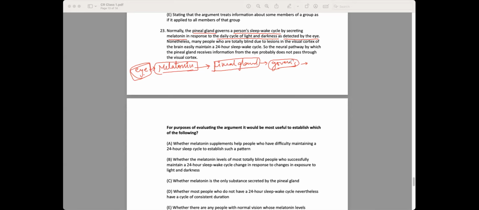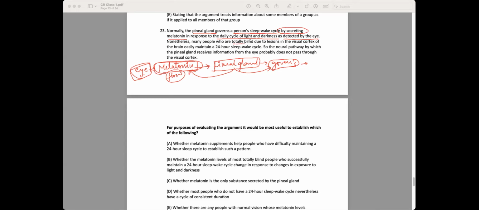That's what is given. The pineal gland governs the sleep-wake cycle by secreting melatonin. That's how it governs. That's what it says.